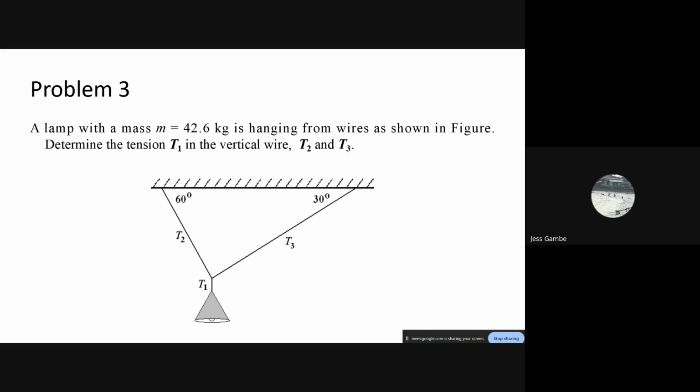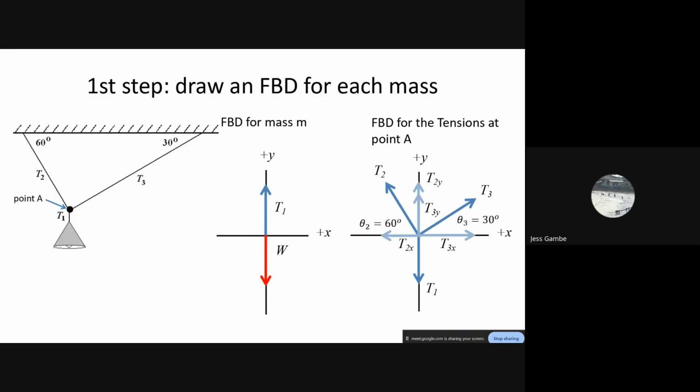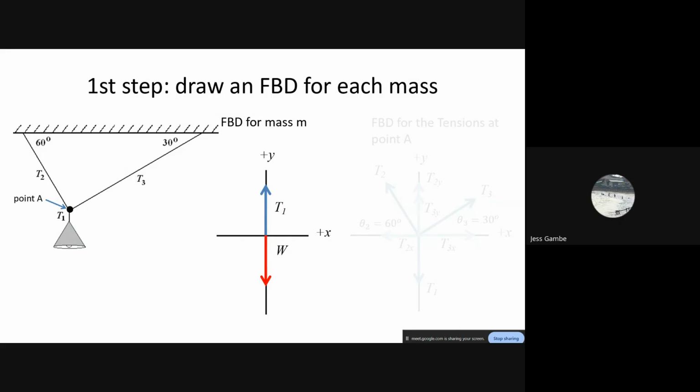The lamp with a mass of 42.6 kilograms is hanging from a wire as shown in the figure. Determine the tension T1 in the vertical wire, T2 and T3. With respect to the horizontal ceiling, T2 is 60 degrees and T3 is 30 degrees. Again, we look at the free body diagram.